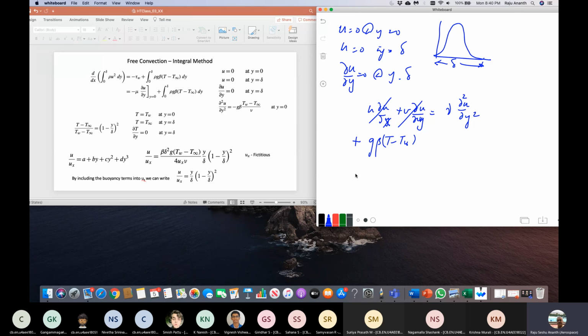So you will find that d square u over dy square is equal to minus g beta (T wall minus T infinity) divided by nu at y equal to 0. The rho gets cancelled, so it has to be divided by nu.